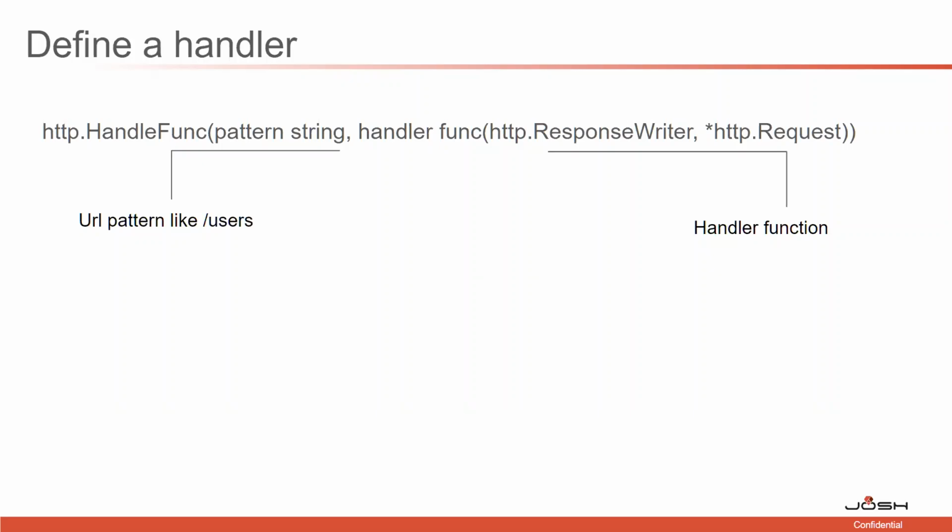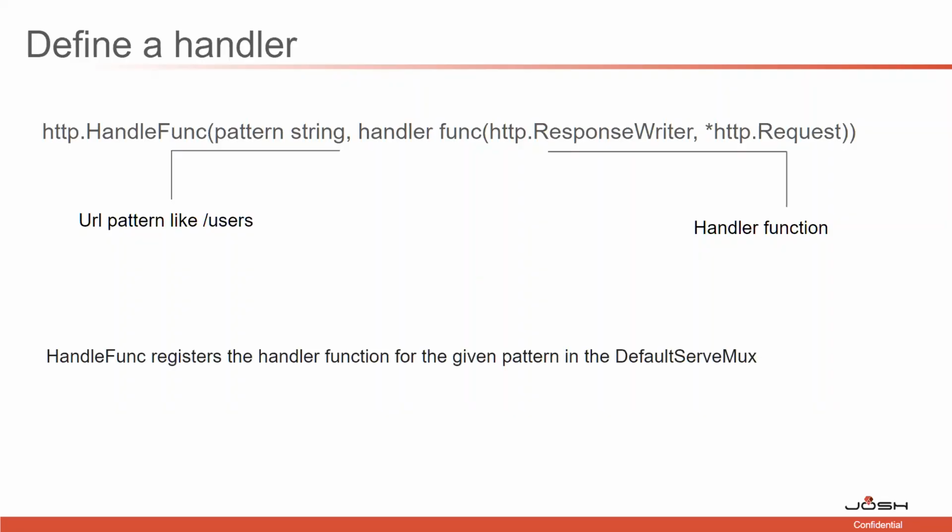So you could create your own function and pass it as an argument. HandleFunc takes two arguments, one is pattern, second is handler. So it will call a handler on this pattern. HandleFunc registers the handler function for the given pattern in the default serve mux.